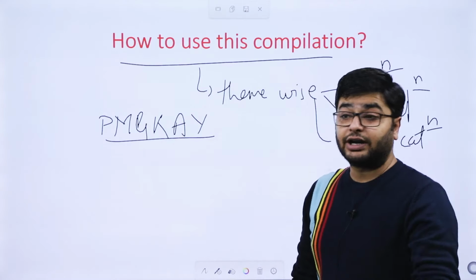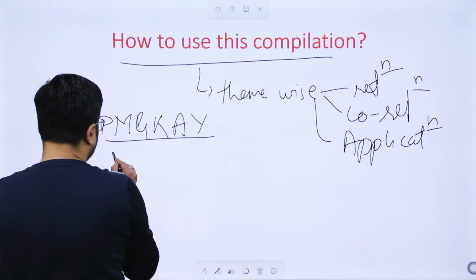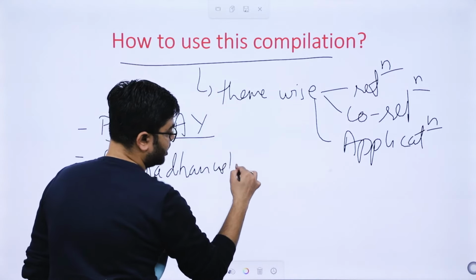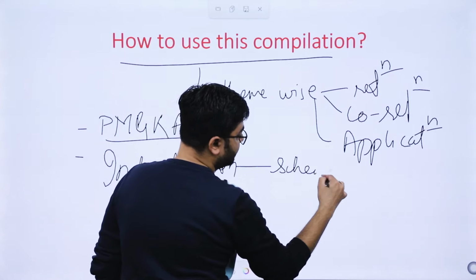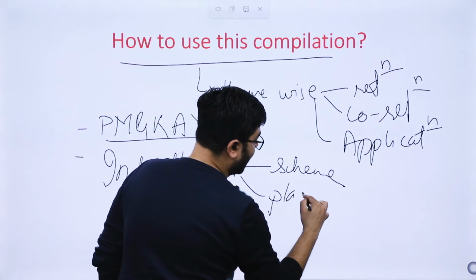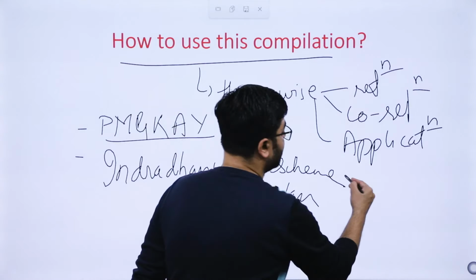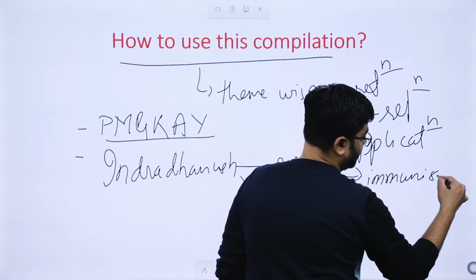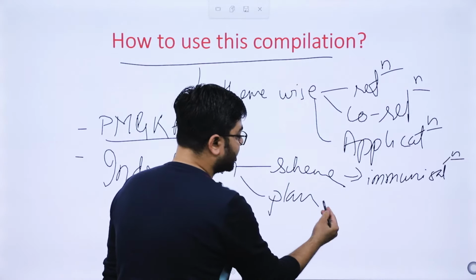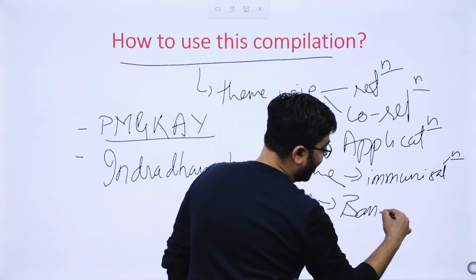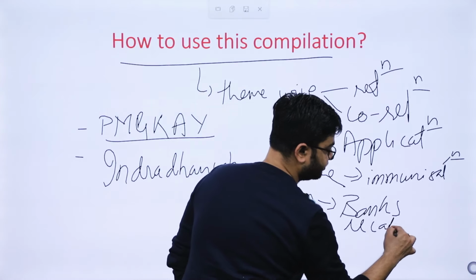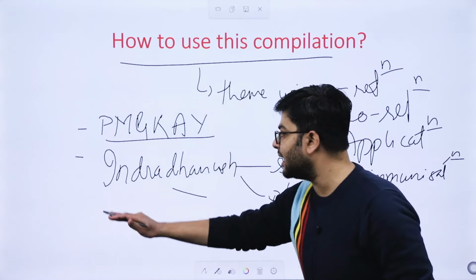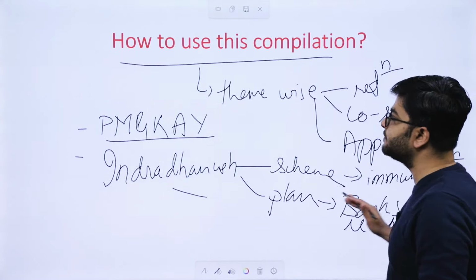There are, for example, Indradhanush, an Indradhanush scheme and an Indradhanush plan. If you look at the Indradhanush scheme, it was for immunization, a vaccination, and the Indradhanush plan was about banks' recapitalization. So these nuances must be known and they must be studied in a manner that this mapping aspect gets clear.